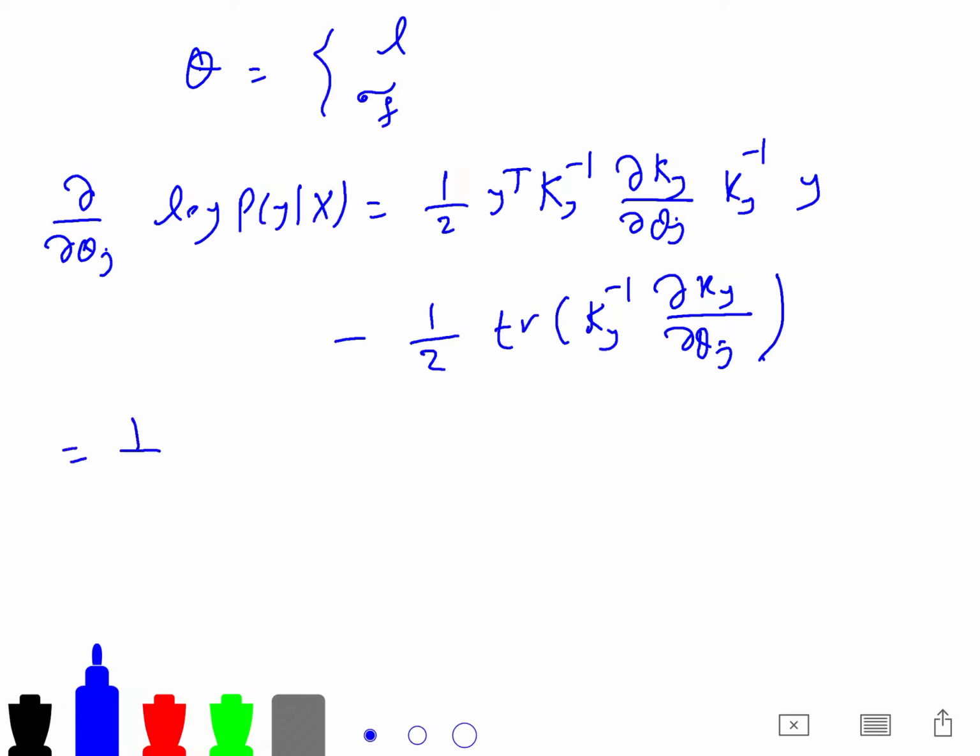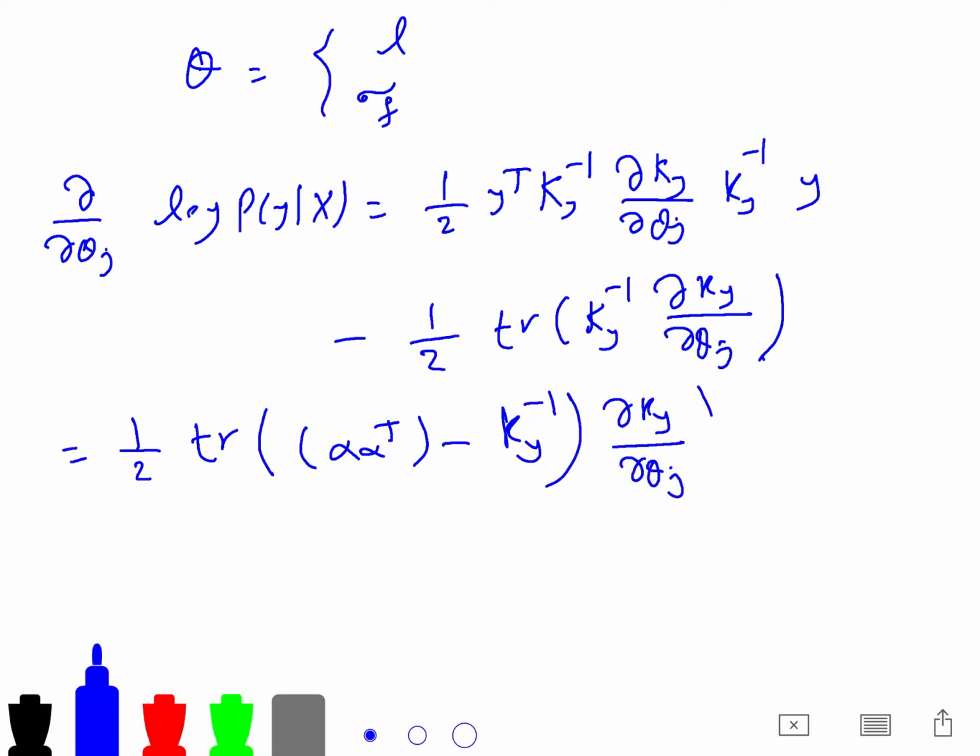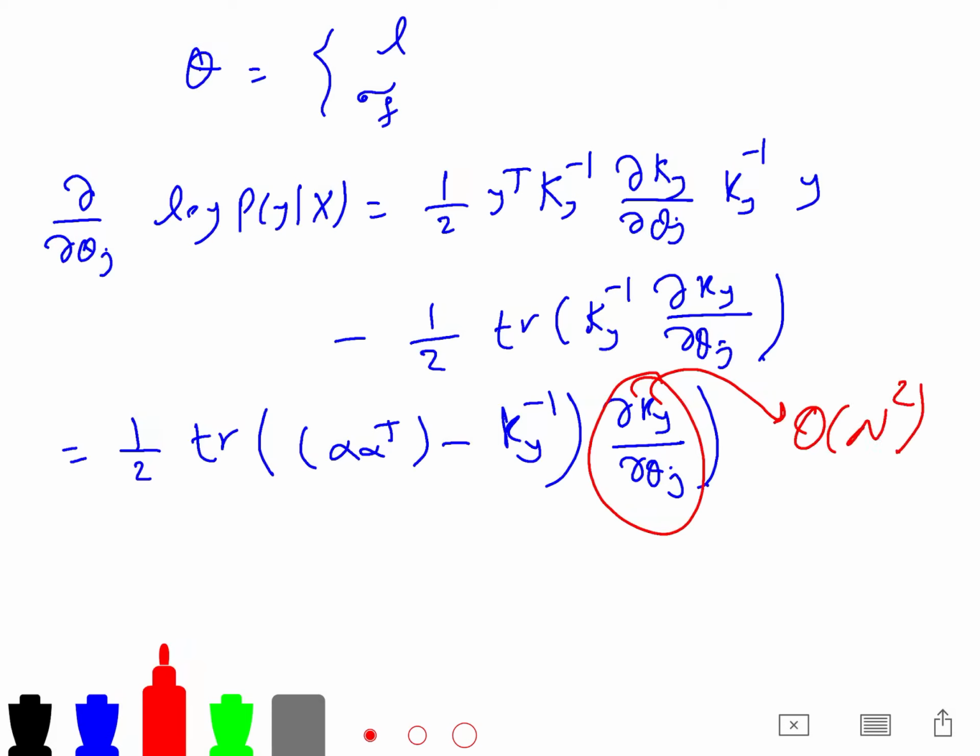So this is equal to 1/2 trace of (alpha alpha transpose minus Ky inverse) dKy, and this is just the order of n squared time per hyperparameter.